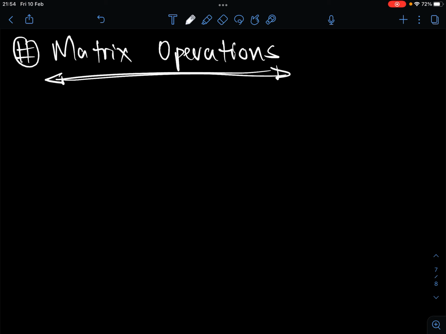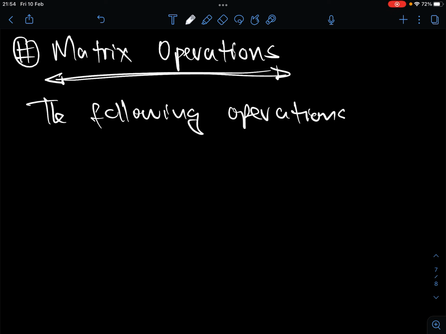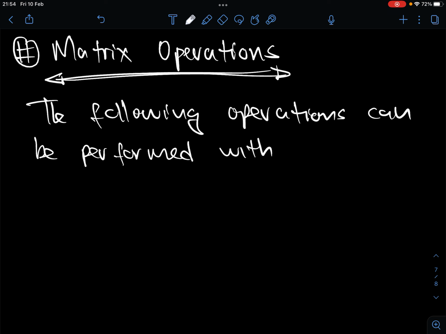You see that? So the following operations can be performed with matrices. There are certain operations that one can perform with matrices.